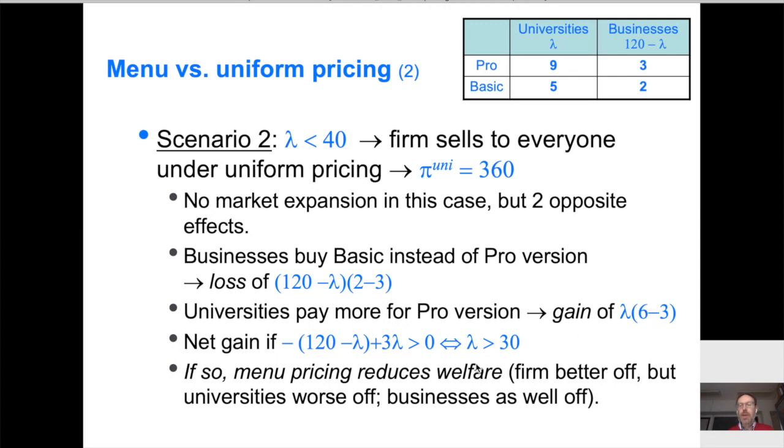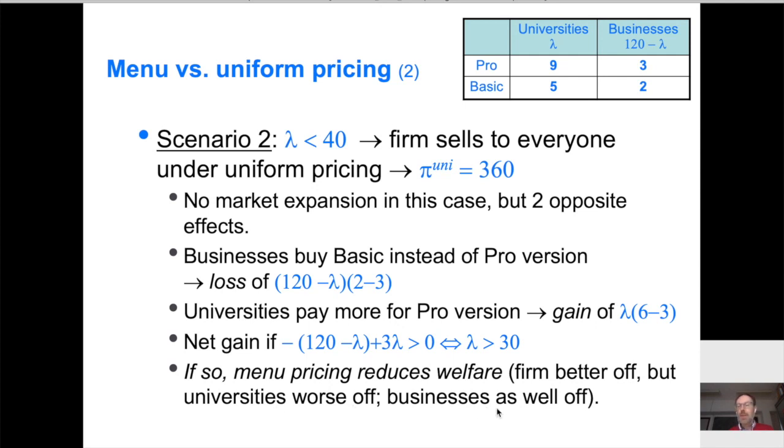Okay, so it's still possible under the second scenario to find values of lambda between 30 and 40 that would make menu pricing profitable for the seller, but in that case we can check that it would reduce welfare. It's profitable for the firm, but it reduces the utility for universities.